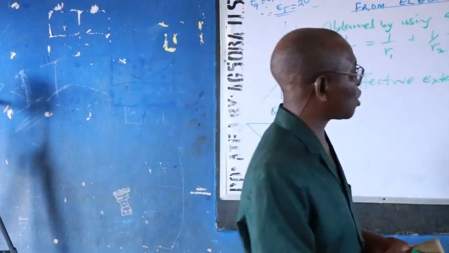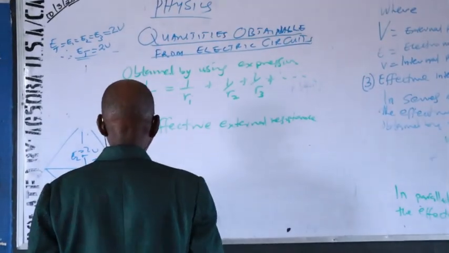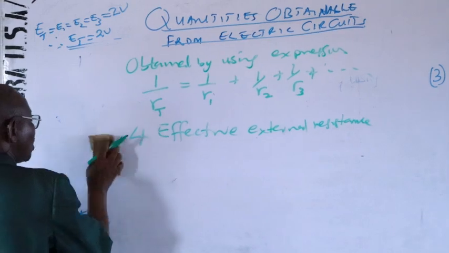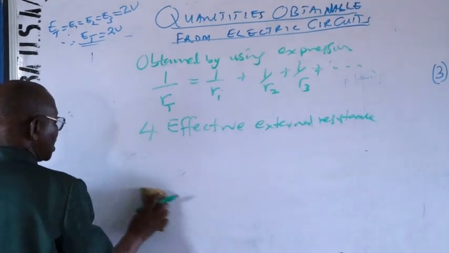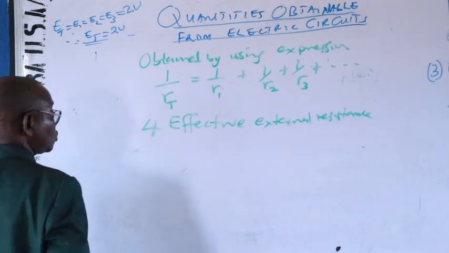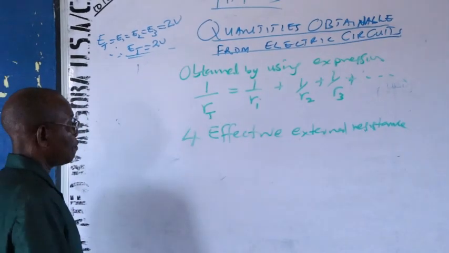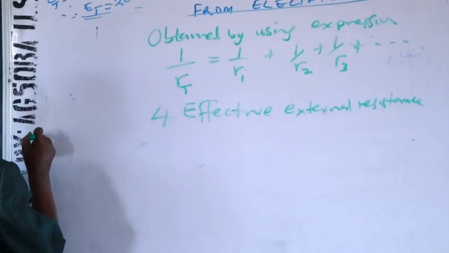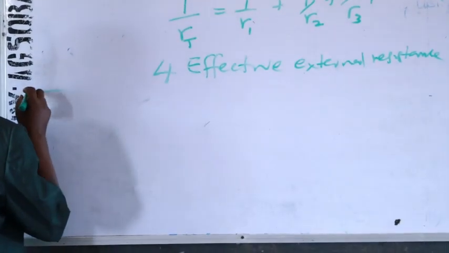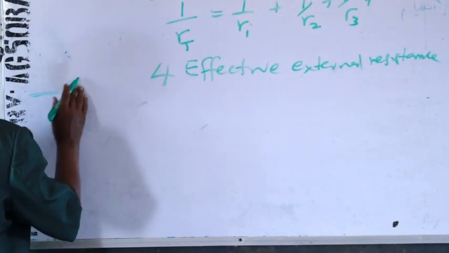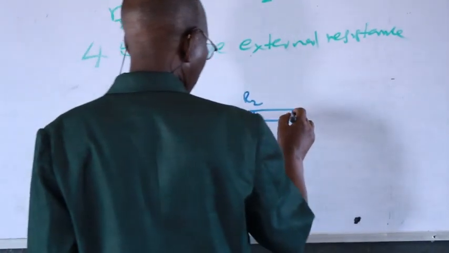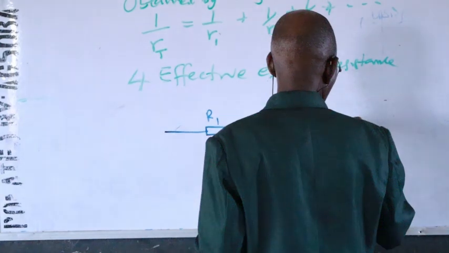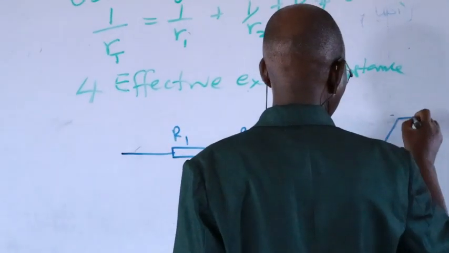You may have 2 resistors in series. The 2 resistors may be arranged in parallel. And if you have 3 resistors, what do I mean? You may have resistors like this. And it may be like this.